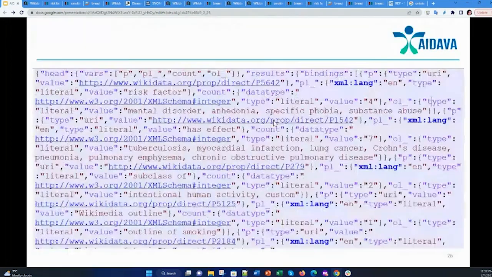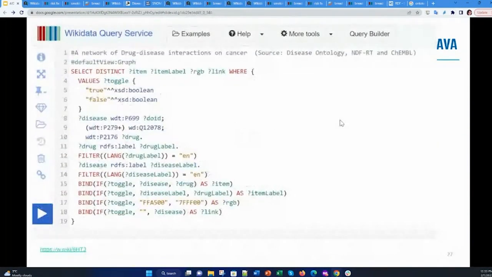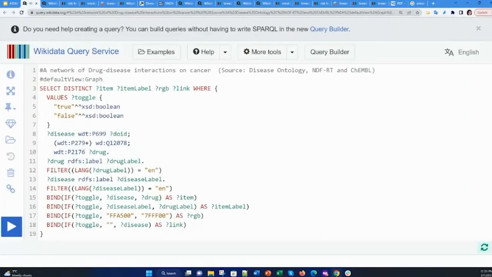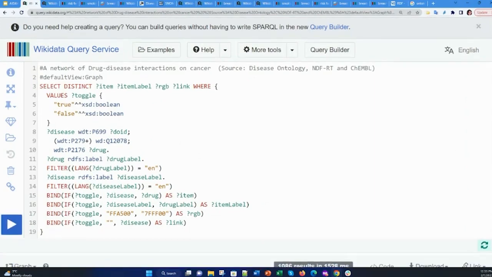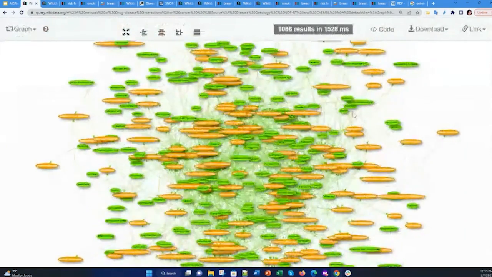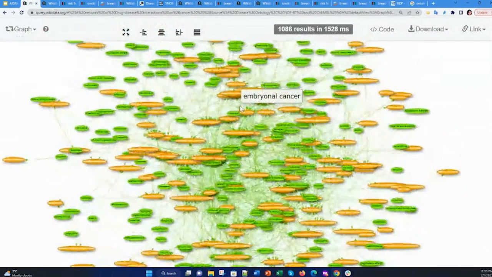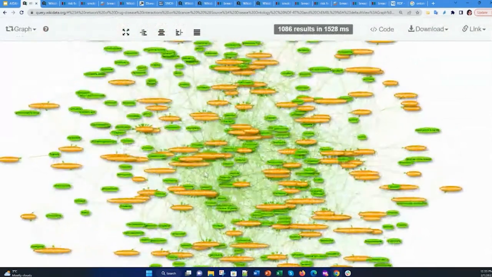Also, we can explore more complicated queries for drug and disease interactions in cancer. This is a more complicated query, which shows us all interactions of cancer diseases and all the drugs used for their therapy, and we can expand and explore information for all these diseases. We can just click on one of them.